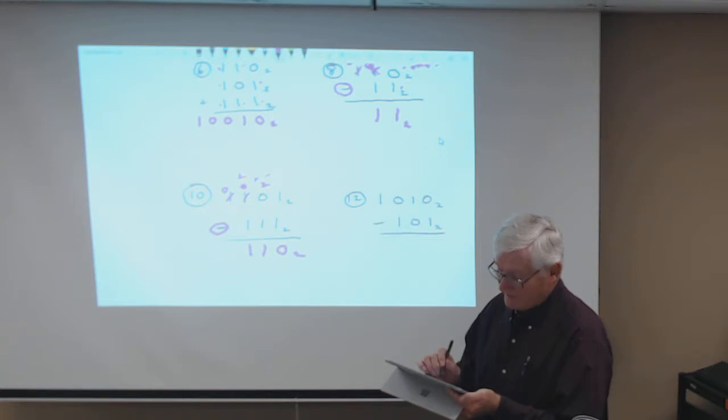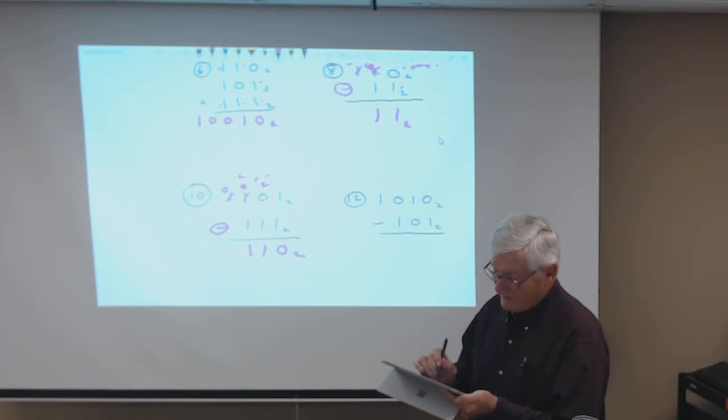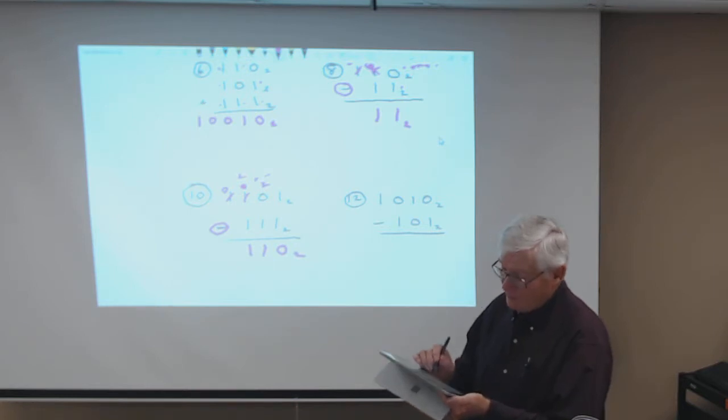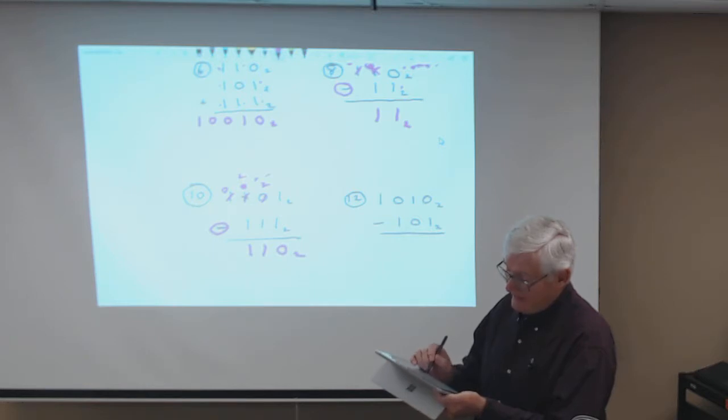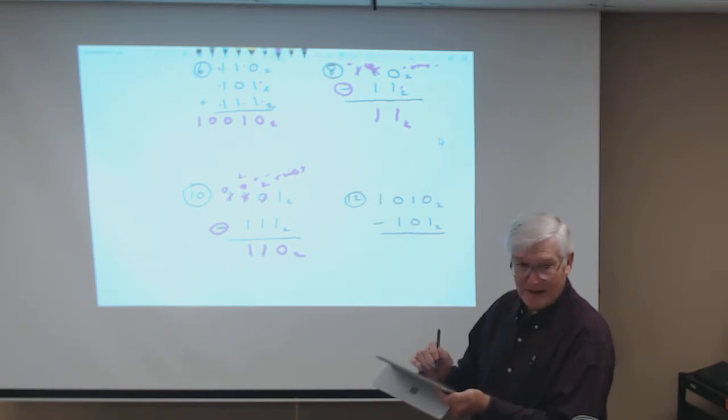Because that's what we did in the other one. I had 2 2s, I had 0, so I borrowed here, and that gave me 2 2s. And then I subtract 1 2, and I'm left with 1. Is that what you're asking?